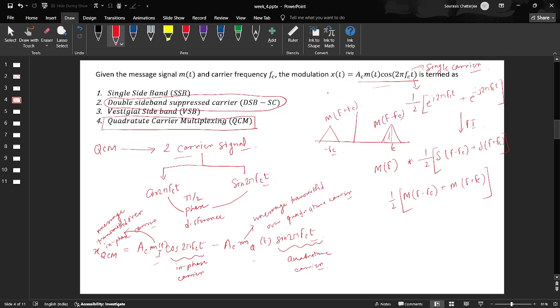So your question would be, how is that possible? Earlier I was not transmitting because there was going to be interference, so how come this doesn't appear here? It turns out this can happen if you can make the two carrier signals orthogonal, and how that is ensured, I'll come to that.